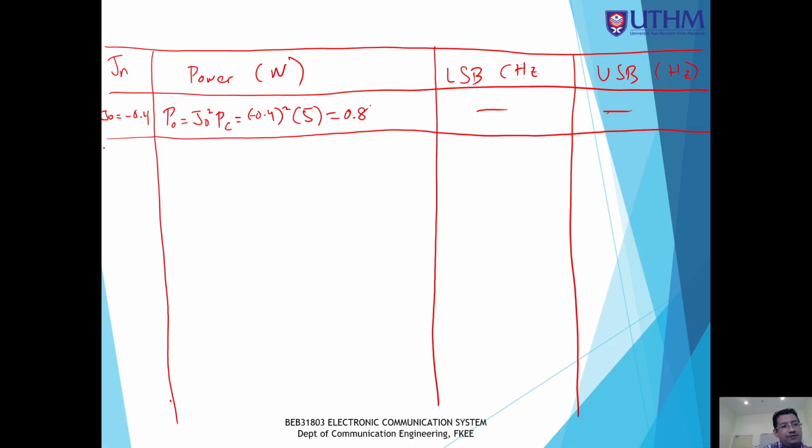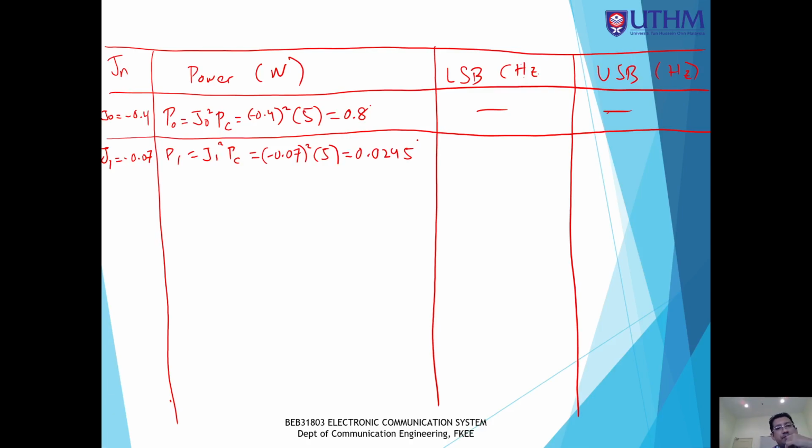And we move to the next value, J1, which is equal to negative 0.0707, about negative 0.07. That means P1 is equal to J1 square times PC, which is 0.07 square times 5. So you will get 0.0245 in terms of watt.